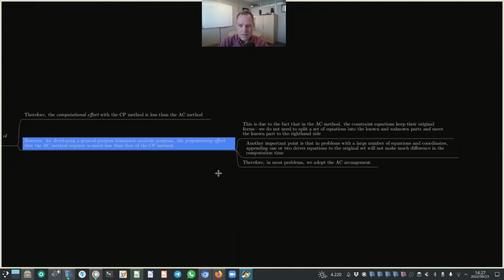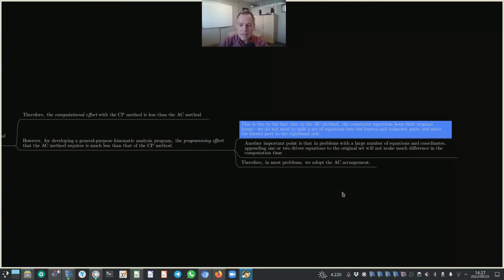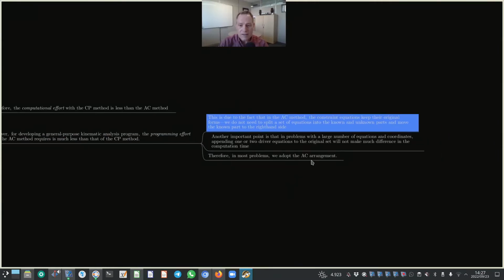Okay, now this is due to the fact that in the appended constraint method, the constraint equations keep their original forms. We do not need to split a set of equations into known and unknown parts and move the known part to the right hand side.